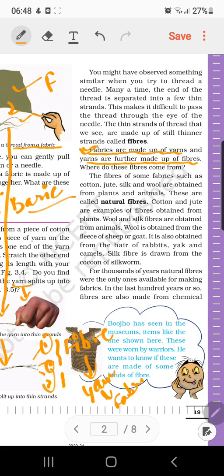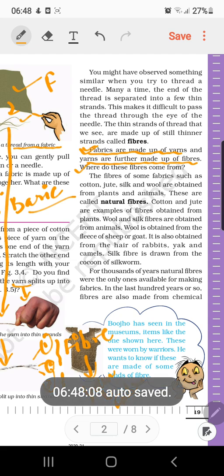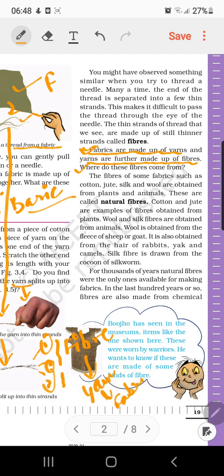Let's see the question they are asking: where do these fibers come from? This is the question which you need to ultimately answer. In this chapter, they have discussed the natural resources. When fibers come from natural resources, they are known as natural fibers.